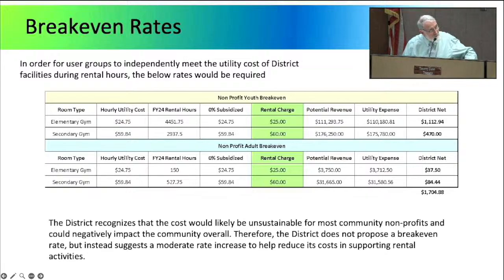I have another clarification question. I'm wondering what the definition is of nonprofit, youth or adult versus commercial, and why I ask that question in terms of, do they have to be nonprofit and have bylaws and 501c3 status, or do we have flex within it?